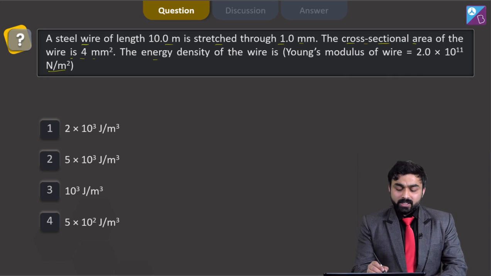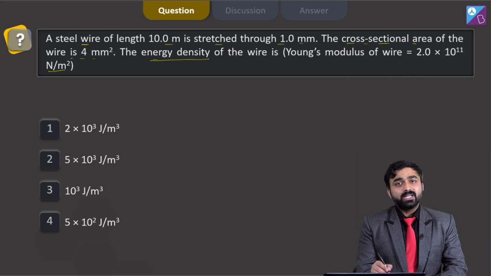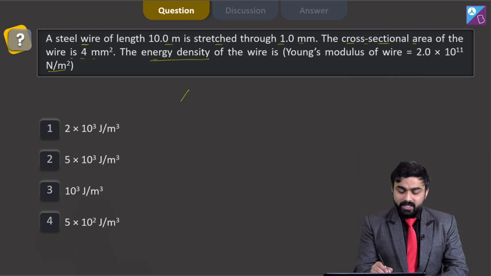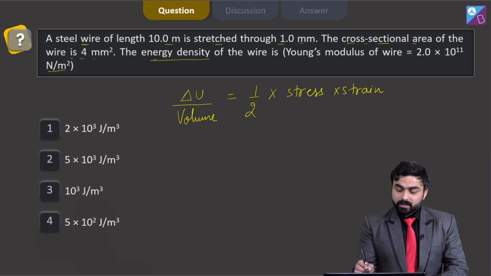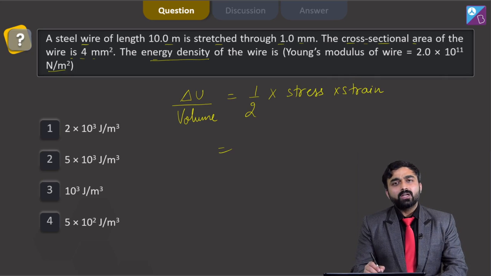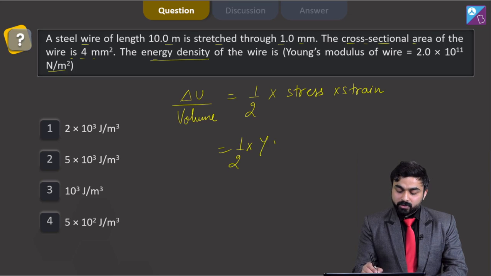Now students, here it is talking about energy density, and energy density can be given by the relation energy per unit volume. Clear? And this can be given by half into stress into strain, or according to this particular question, I can write stress as Young modulus into strain.